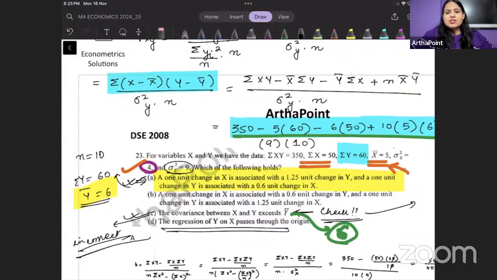And does it pass through the origin? How will we check this? How do we know if it passes through origin or not? Intercept 0. And how do I know if intercept is 0 or not? Find it out.